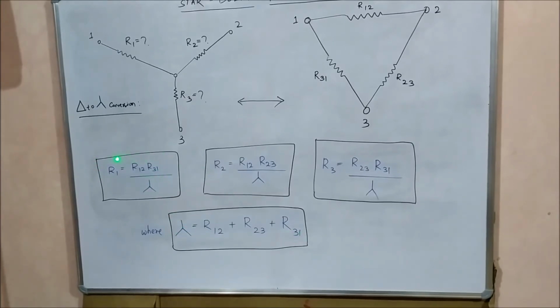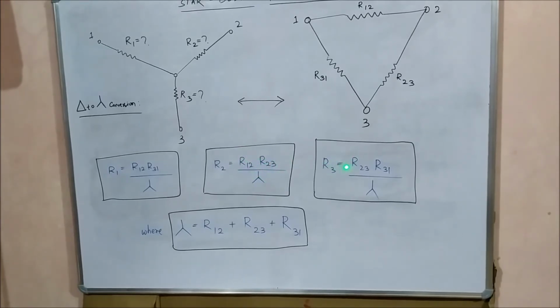All you have to do is pay attention to the subscript and multiply all those resistances which have that subscript number involved in it. Here there is R1, so you have to multiply all the resistances which have one of their ends connected to 1, which means R12 and R31. Similarly for R2 it will be R12 and R23.